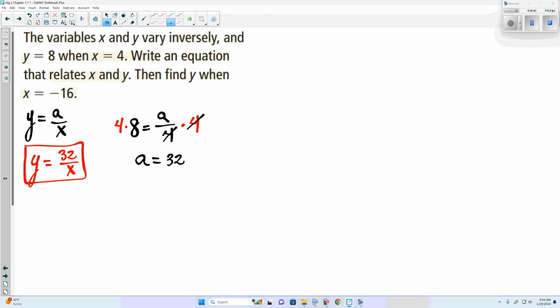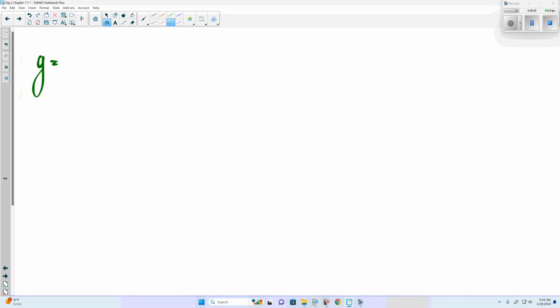Now, a good question would be, is there any time we're going to have to do anything to the equation besides just plugging it in? And the answer is yes. That comes into play if a is fractional or a decimal, because we cannot have a fraction in a fraction. So this here would be an example of it. What we're saying for the left-hand side is that we have 1/2 divided by x.